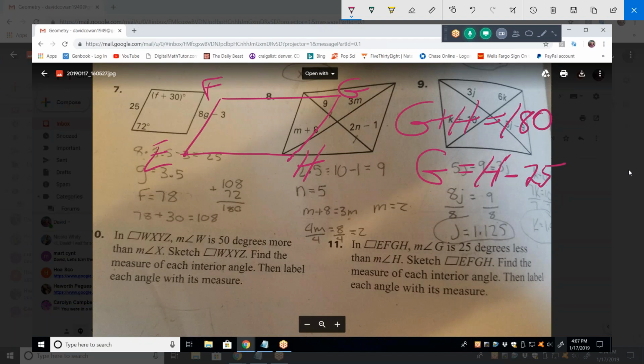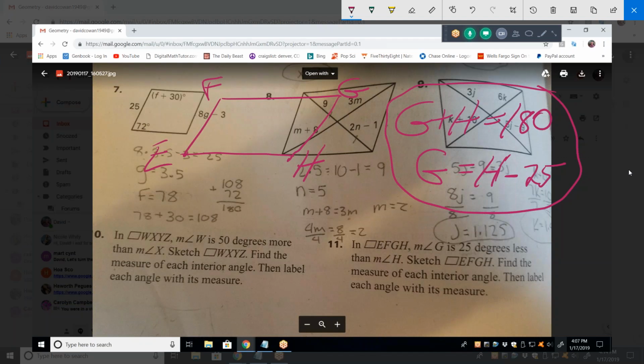Now what? In other words, now I have a system of two equations that I have to solve. Everything I know about parallelograms is in those two equations and the information they gave us. Okay. All right. How do I solve this? First of all, remember your systems of equations.